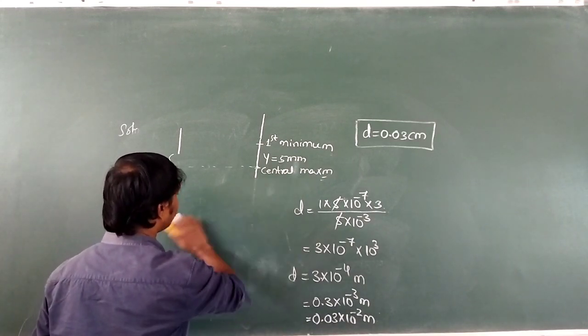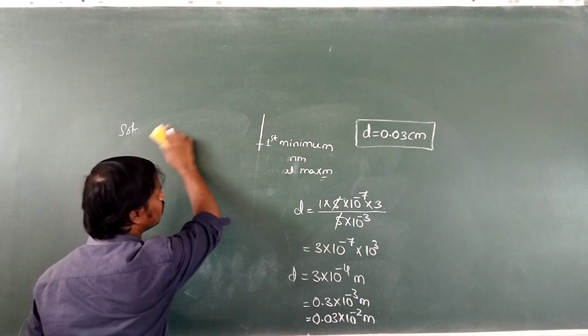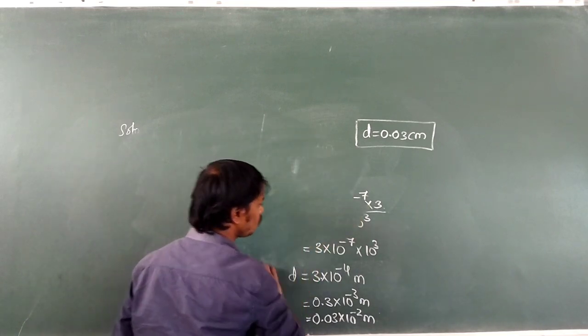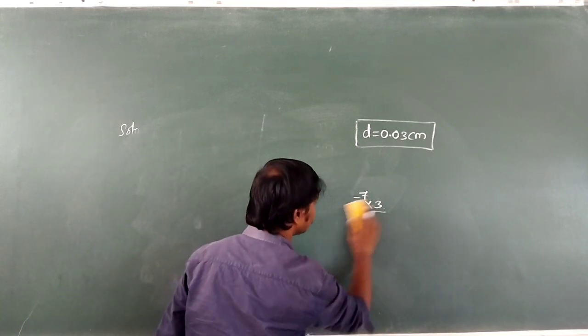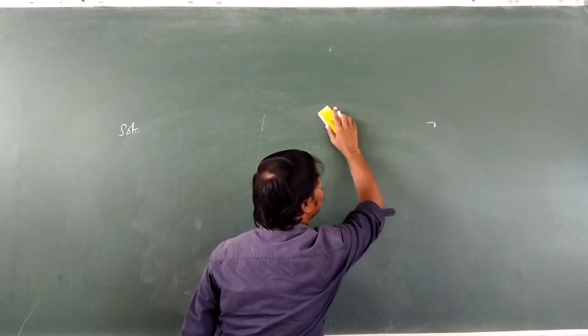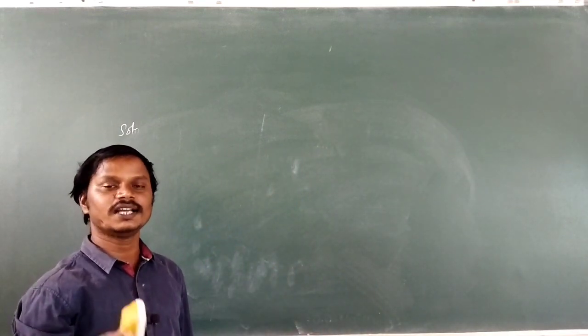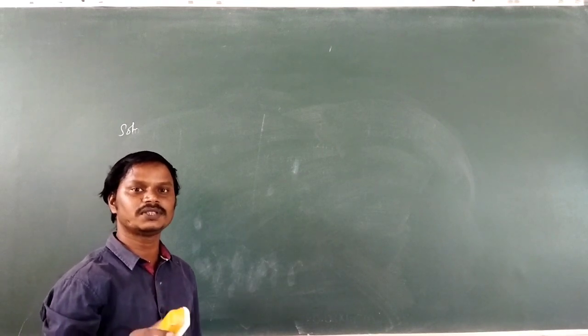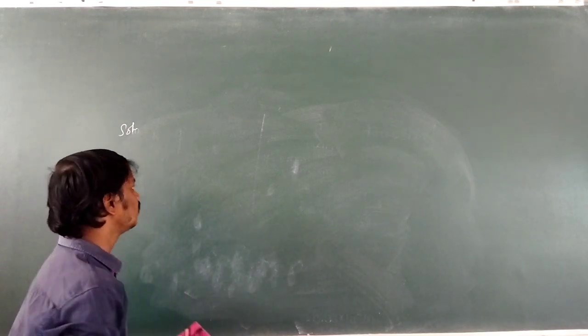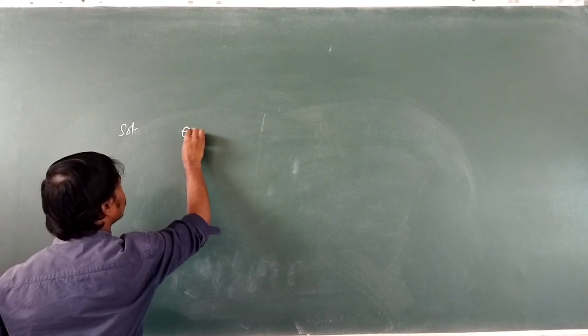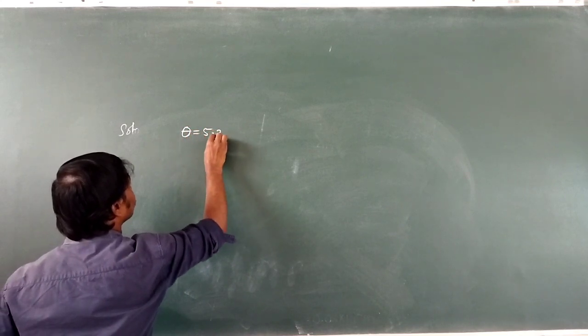First bright line means here it is first diffraction maxima. And here the angular position of the first diffraction maxima is given, means the angular position of the first bright line is given, that is theta is equal to 5.2 degree.